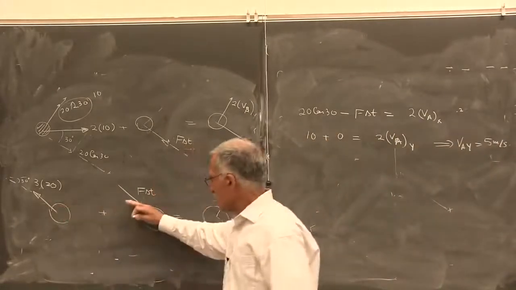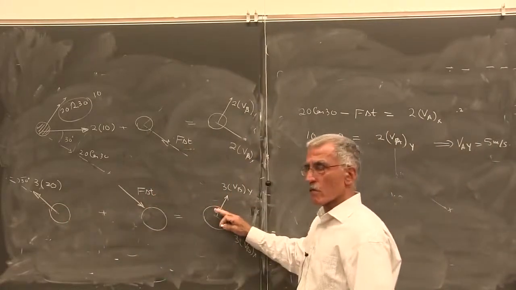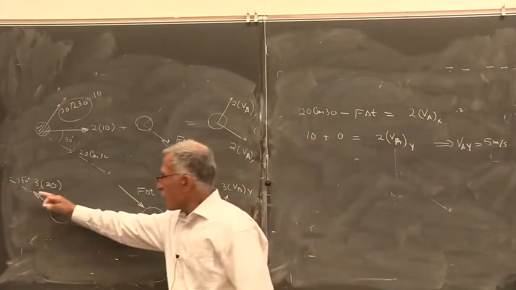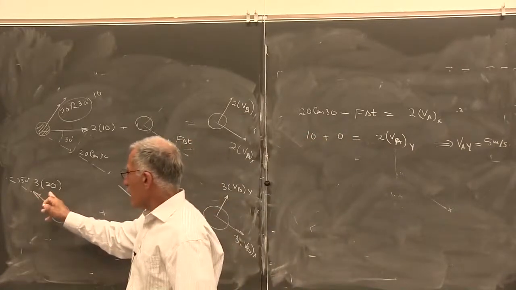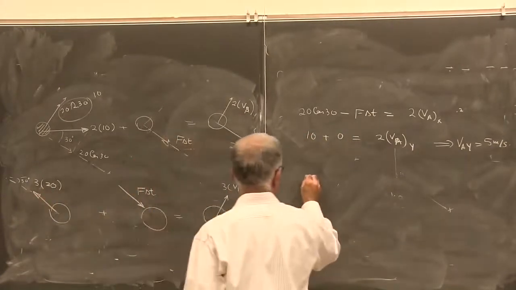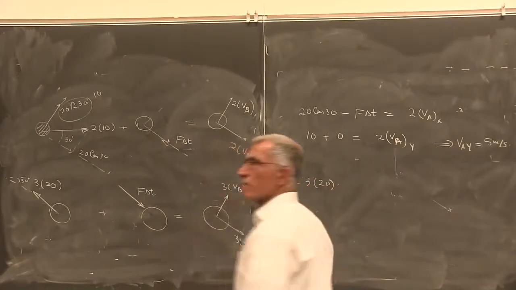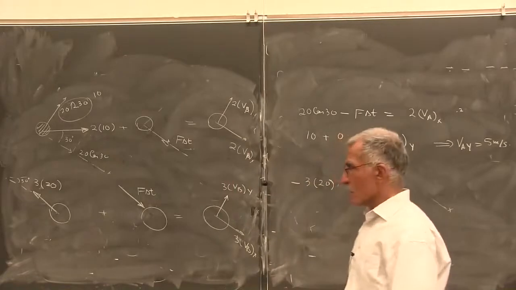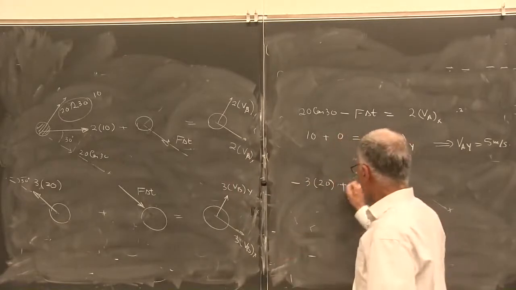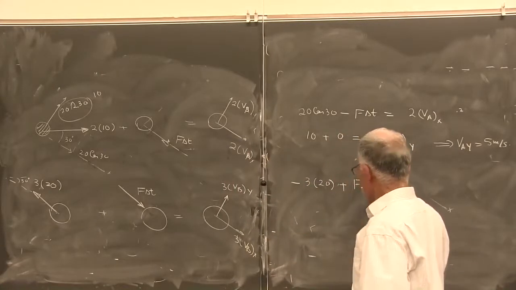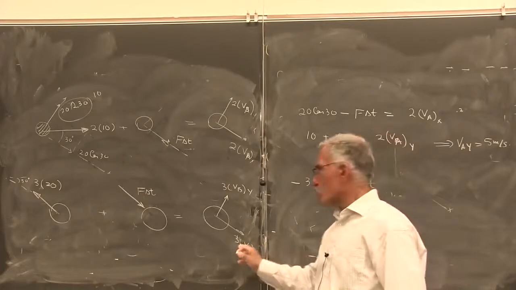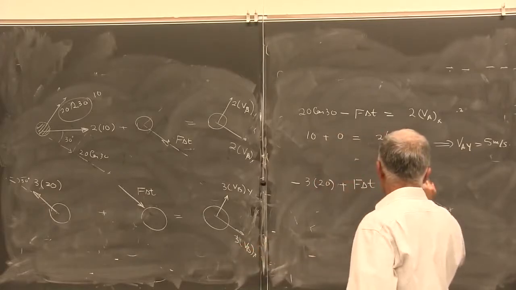Same thing for this picture. This vector plus this vector must be equal to this vector. So now you have 3 times 20, negative, opposite direction, plus F delta t in this direction, must be equal to 3VBx in this direction.